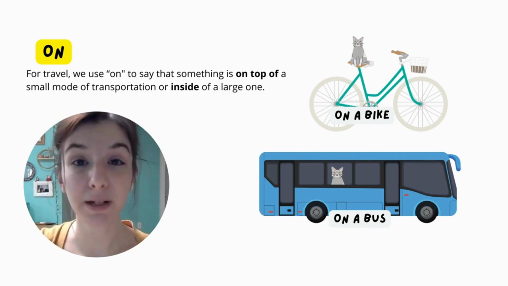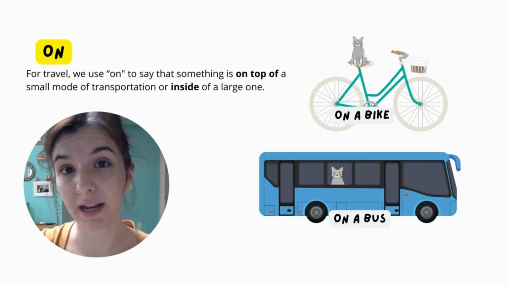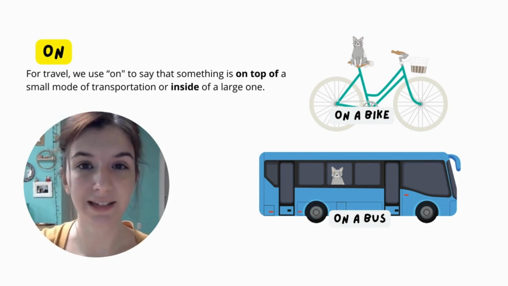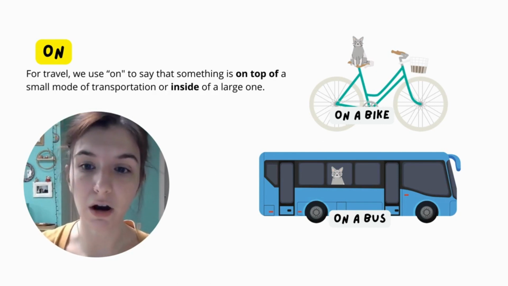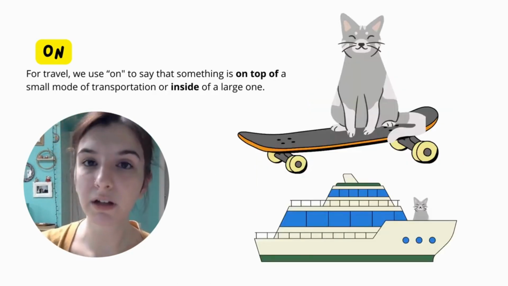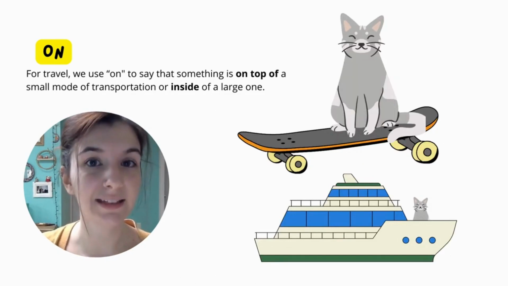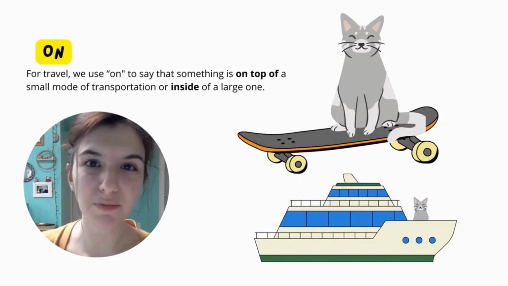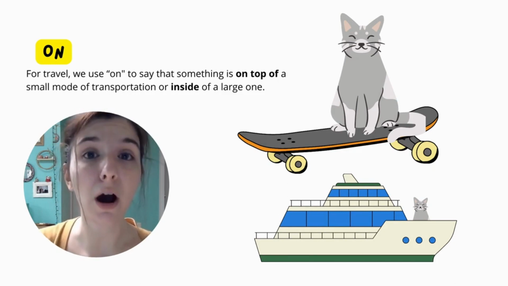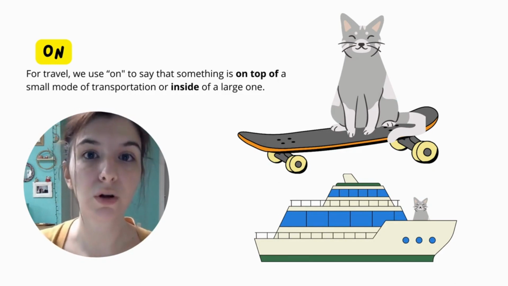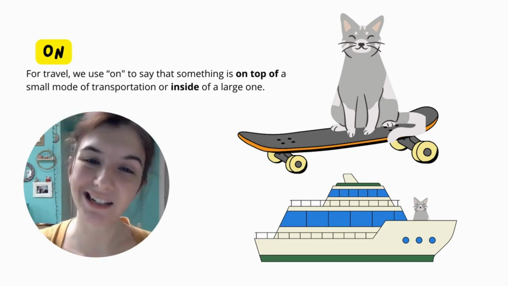And in the second picture, he's on a bus. A bus is a large mode of transportation, and so he's inside of it, so we would say he is on a bus. Similarly, we can say things like the cat is on a skateboard. He's on a skateboard because he's on the surface of a small mode of transportation. You can say the cat is on a boat or on a plane. It's a large mode of transportation that he is inside.